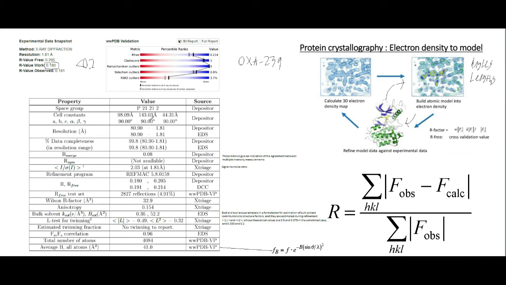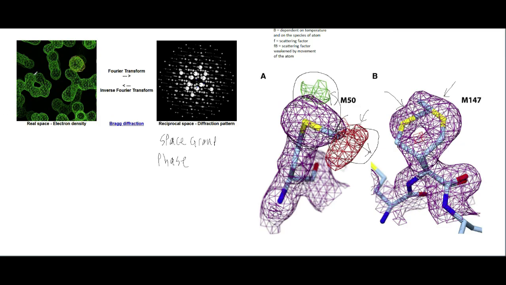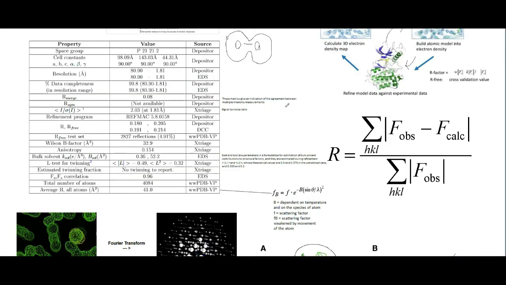We got our resolution. Resolution is how well you can tell the difference between two different atoms. Say you have two atoms here that are bound together. If you have high resolution, then you'll be able to see the electron density differences between the two atoms, which was what we could see here, where there are bulges where the atoms are.